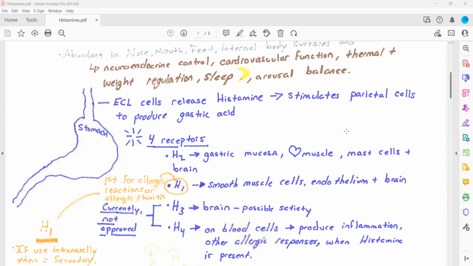So when we're answering these types of questions, we need to break down these pharmacology questions. And just understanding the patho behind it will help. This takes it back to the microbiology level, which ideally every course should be a reminder, but that's okay. We're going to work with what we've got here. So these are abundant regarding mast cells: nose, mouth, feet, internal body surfaces, and blood vessels.